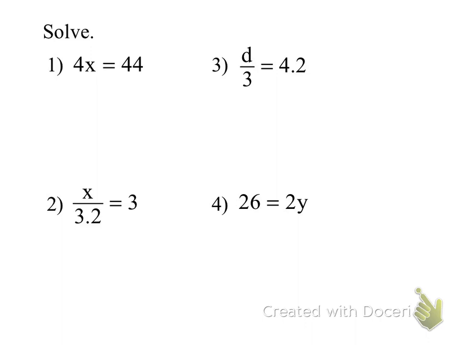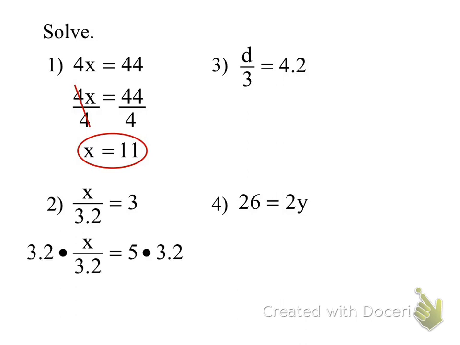Okay, so I want to move on to, does everybody remember how to multiply decimals? Okay, 2 more questions. Let's try number 2. What am I doing? Multiplying by 3 and 2 tenths on both sides, and we get x equals, I do it right here.